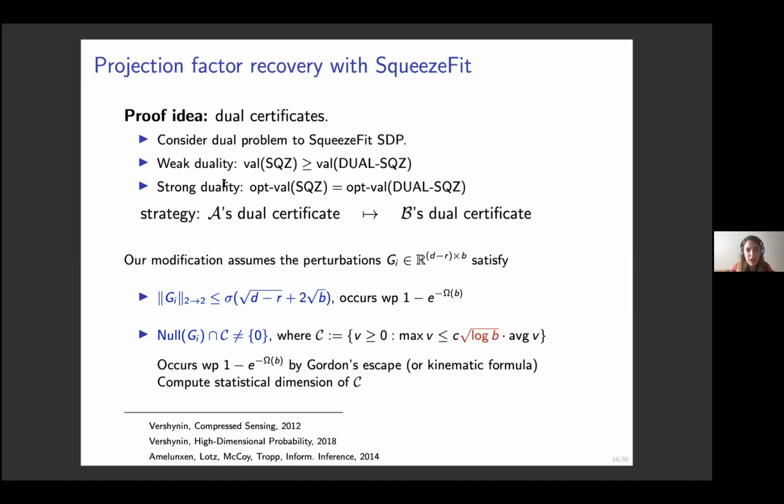One is concentration of the spectrum of random matrices, and the other one is we need to show that there exists a point satisfying certain constraints, meaning that the intersection of a cone and a linear space is non-trivial. And in order to do that, we use the kinematic formula. We can discuss this offline if you're interested.